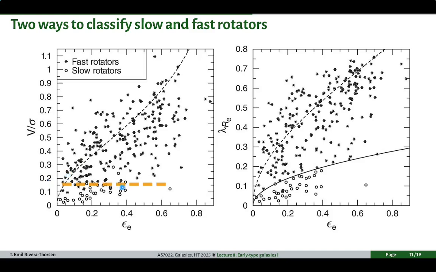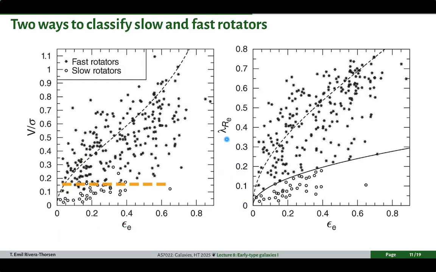Typically, we will use a value of around 1.6, 1.7 as a cutoff between fast and slow rotators. That is kind of like a quick and dirty way to classify them that way. But as you can see in this diagram, people have also classified them in other ways by other means. I do not know exactly how they're classified in this diagram, but they are.